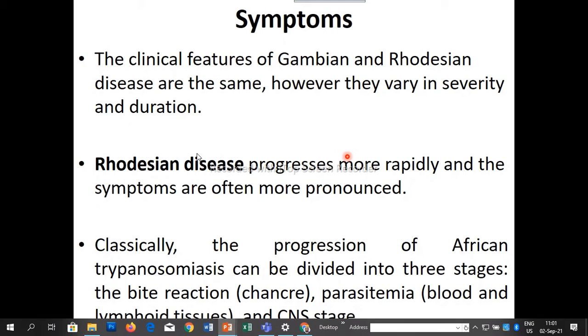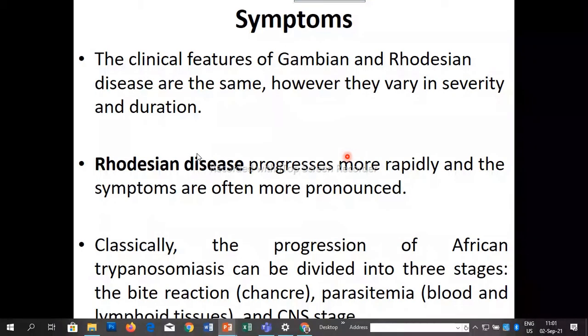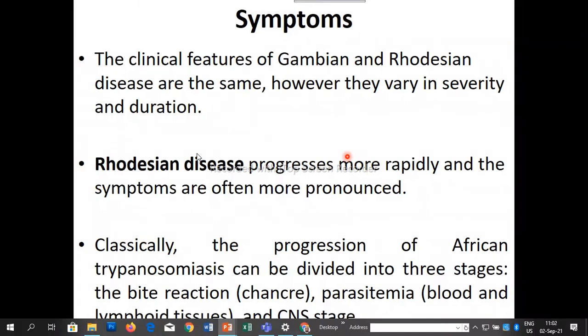For instance, Rhodesian disease caused by Trypanosoma brucei rhodesiense can progress more rapidly and the symptoms are often more pronounced. Clinically, the progression of African trypanosomiasis can be divided into 3 stages.